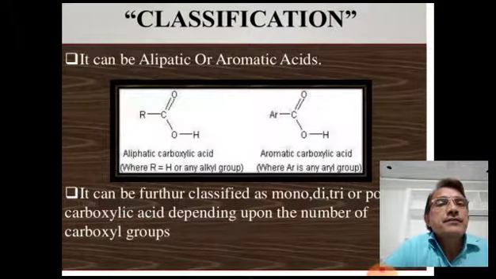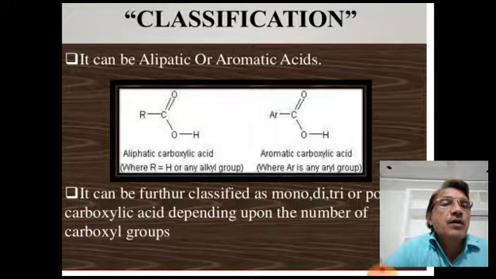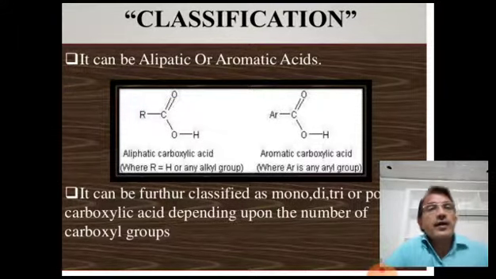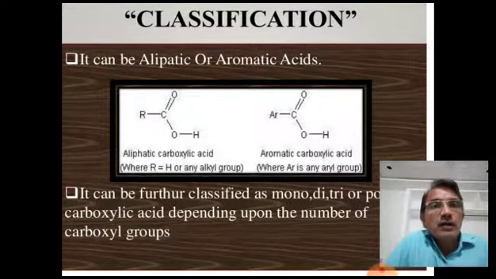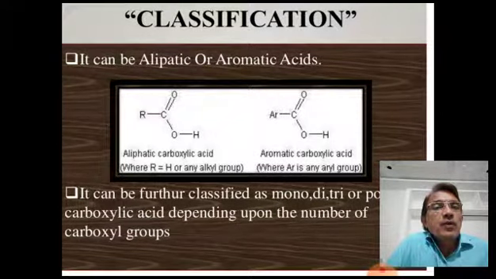Carboxylic acids may be aliphatic acids or aromatic acids. R-CO-O-H is the general formula of aliphatic carboxylic acid, where R is equal to H or any alkyl group.